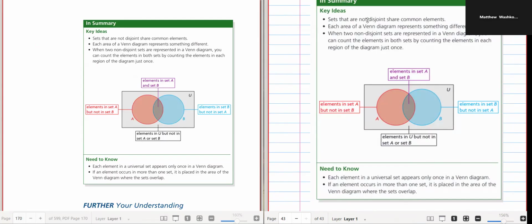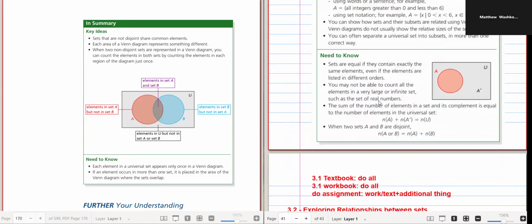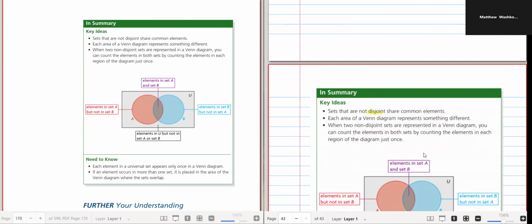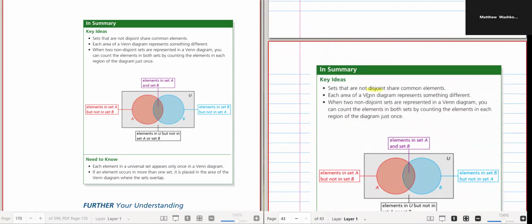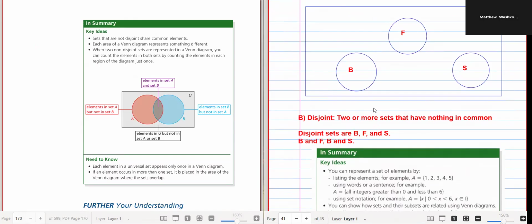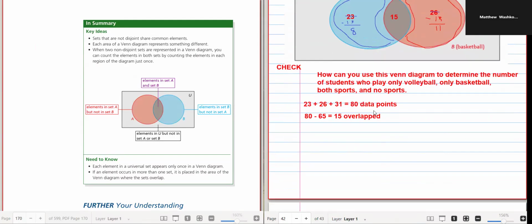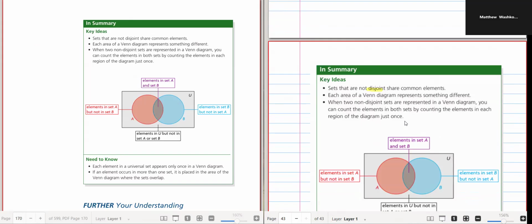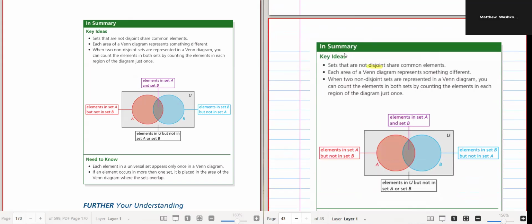Okay, so I'm assuming you have this in here. Sets that are not disjoint. What's disjoint? Go back up your notes. Two or more sets that have nothing in common. This is worded badly. Can we reword that?